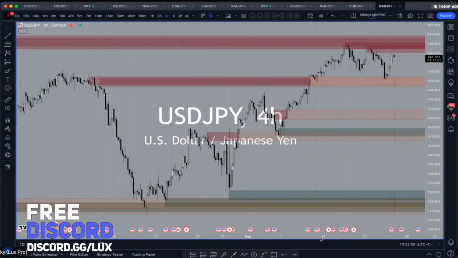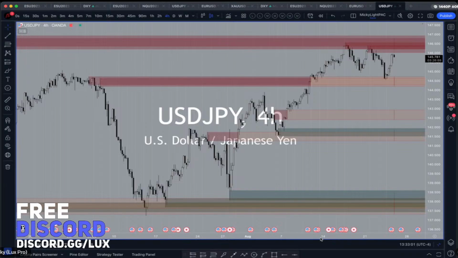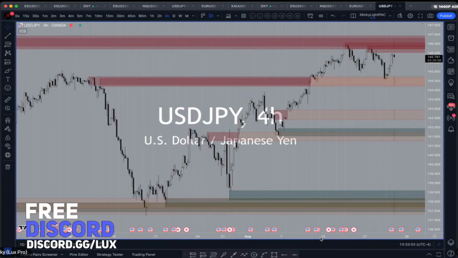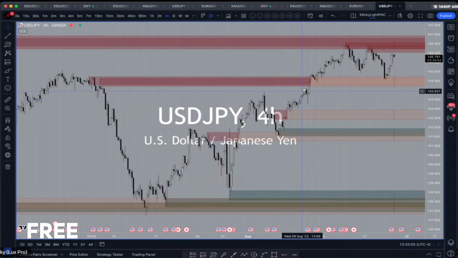I'm looking for 2 paths, right? I'm looking to trade above a 4-hour order block or below a 4-hour order block. I am not looking to trade inside the order blocks.